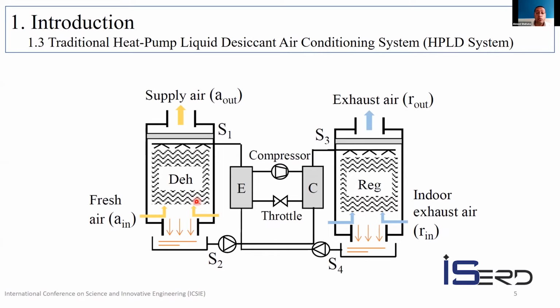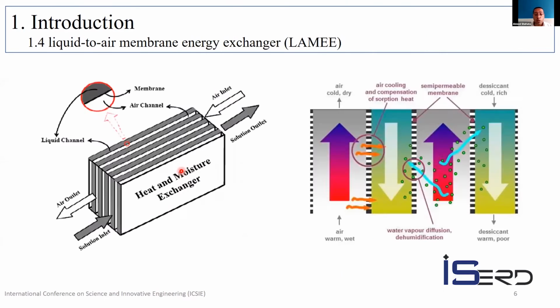This is a case that we studied in this research. This dehumidifier is usually a liquid-to-air membrane energy exchanger. The advantage of using a liquid-to-air membrane energy exchanger is that this exchanger is not direct, it's indirect, as fresh air passes and liquid desiccant passes.